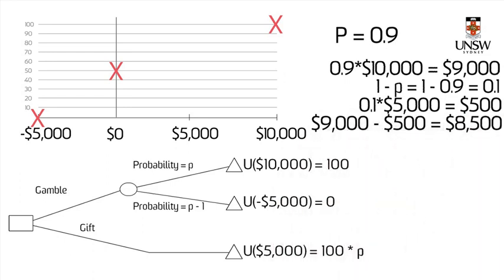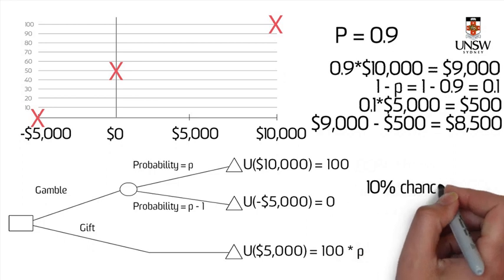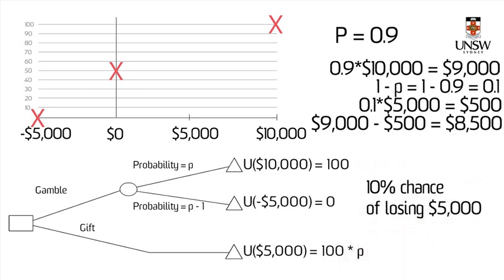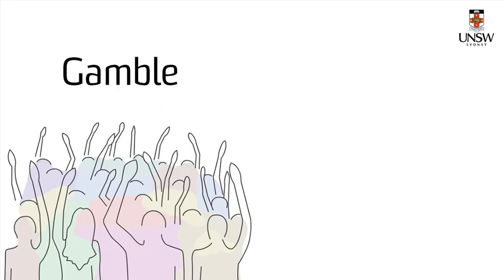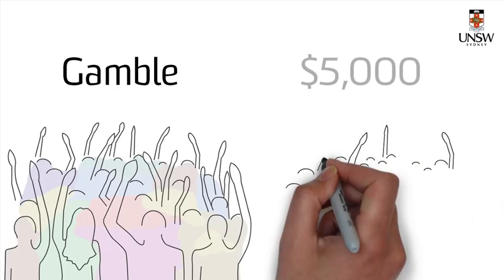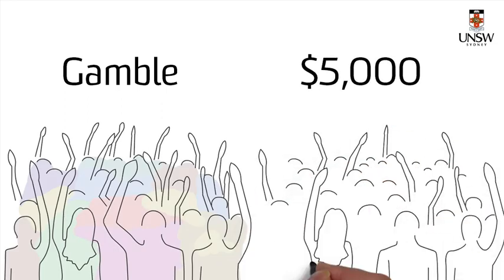But once again, you've got a 10% chance of losing $5,000. Who would want $5,000 and who would want to take the gamble? Firstly, who wants the gamble? Secondly, who wants to take the $5,000? Less people have their hands up this time.